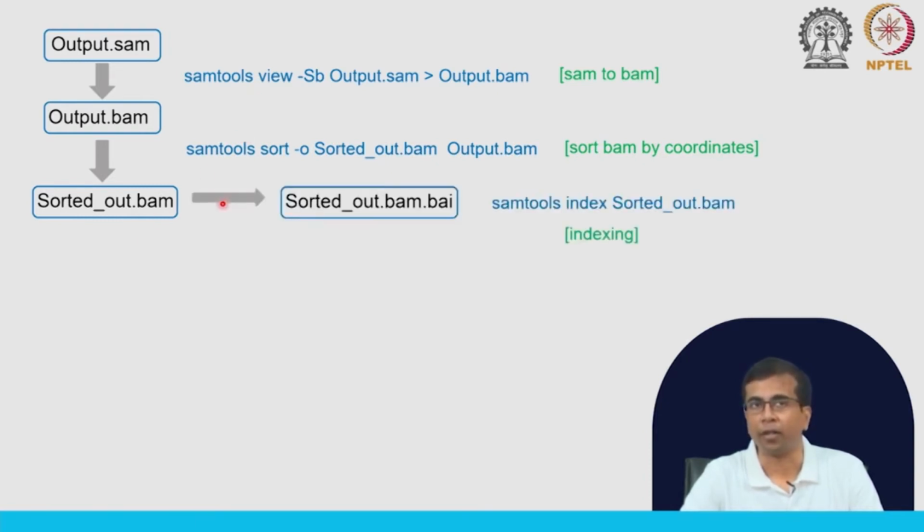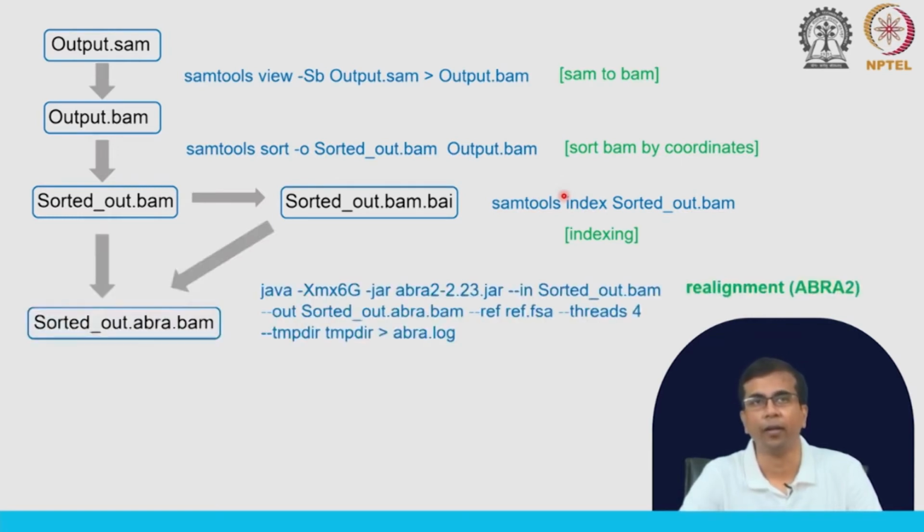Once we have this sorted out.bam, we also generated an index file, which is important also for visualization. We used the command samtools index sorted out.bam, creating the index file sorted out.bam.bai for this sorted BAM file.